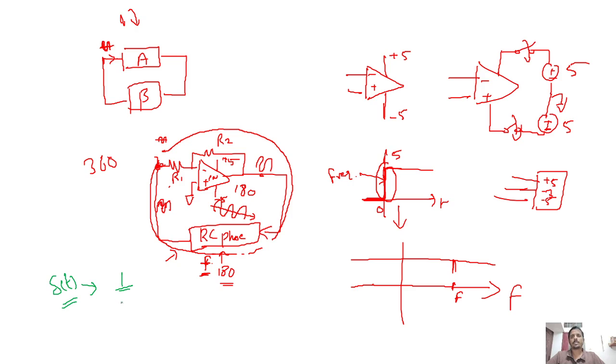Or if I take the Laplace transform, it is also 1. So in the frequency domain, irrespective of the frequency, the value will always be 1, which means it has all the frequency components. At all frequencies, the value will be 1.